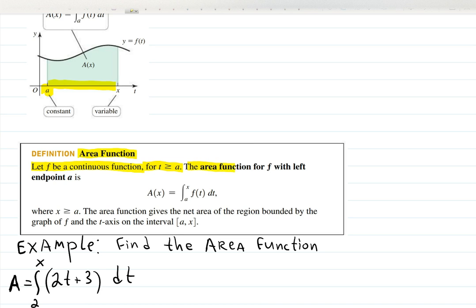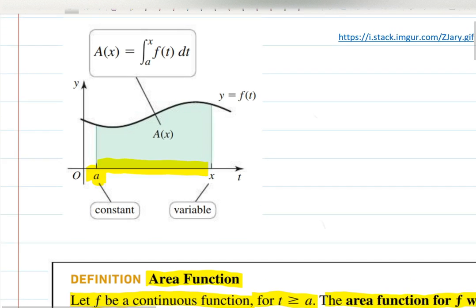The area function for f with left fixed endpoint a will have a definition, A of x instead of just a. So it's going to be a function of area now. The integral with the fixed left endpoint, and then the variable x, which is the right endpoint, of the function f of t dt. So this is what the animation was showing you.